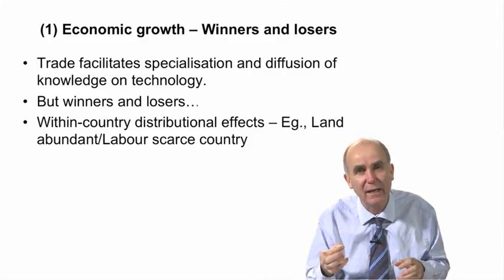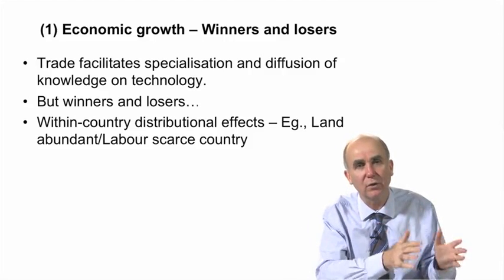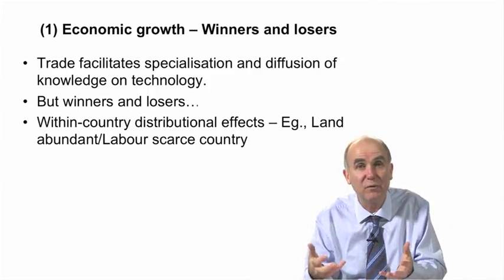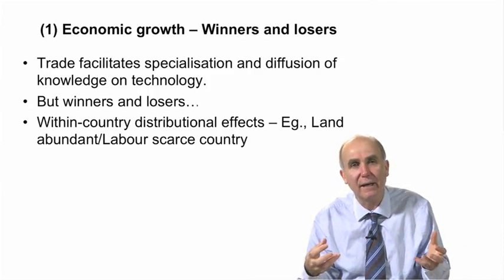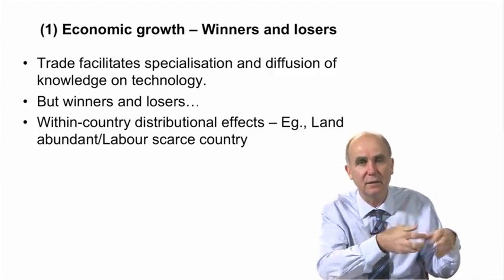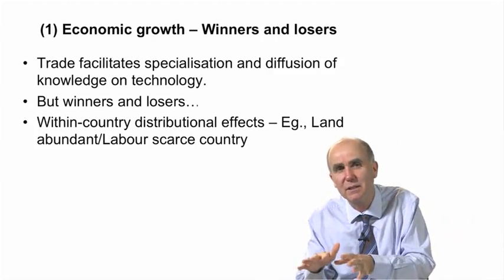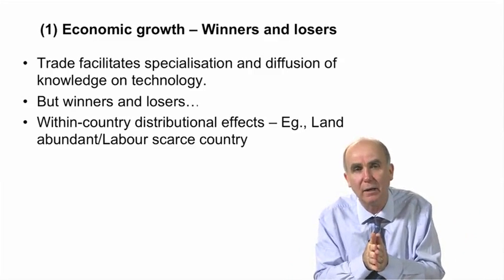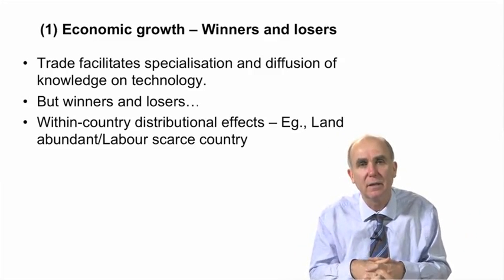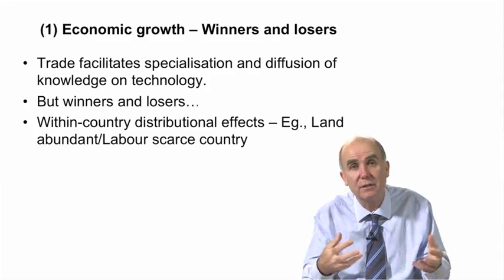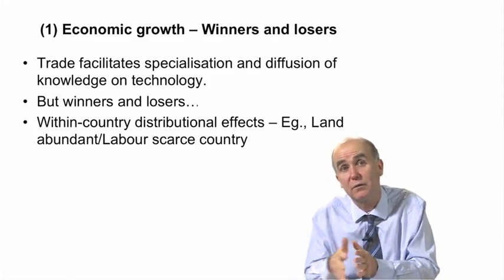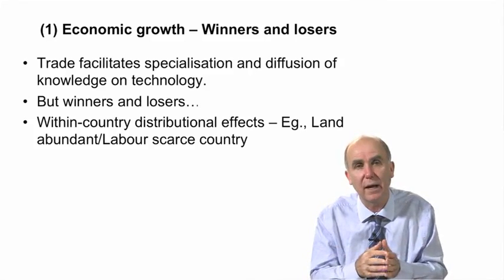Now that increase in demand for goods which rely a lot on land, but which don't rely so much on other inputs such as labour, means that you get an increase in the relative demand for land, because you're doing more production activities that need more land, and you're going to have a decrease in the relative demand for labour, because you're doing production activities that need relatively less labour. So that suggests to us that landowners are going to be made better off because there's more demand for the input they own, and workers are going to be made worse off because there's less demand for the input they own.